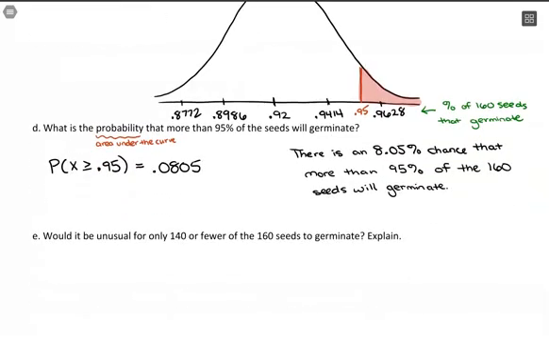Would it be unusual for only 140 or fewer of the 160 seeds to germinate? Now I threw this one in here because it's a little different, but it does give us the information for we're talking about a certain number out of our sample size. So imagine I went back to part D there, and I rephrased this question.